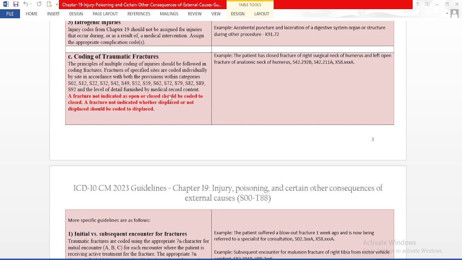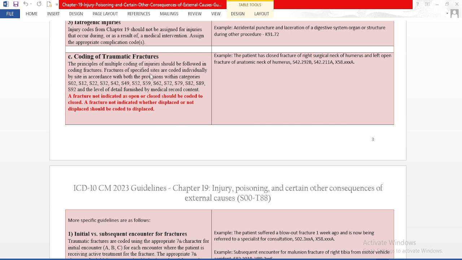Next we will learn coding of traumatic fractures. The principles of multiple coding of injury should be followed in coding fractures also. If the patient has multiple fractures, we need to code multiple fractures. If the patient has multiple fractures with a combination code, we need to code combination codes for traumatic fractures.